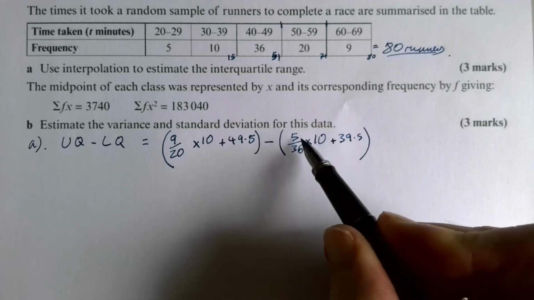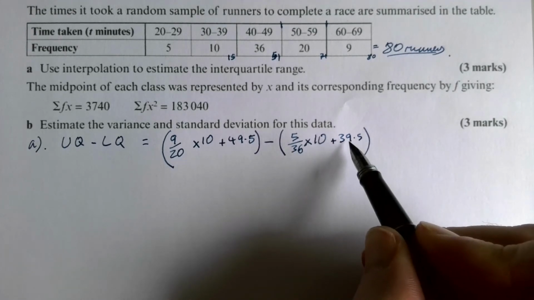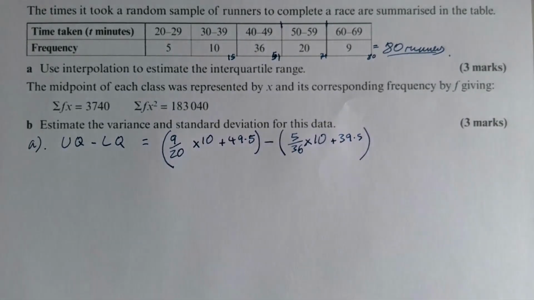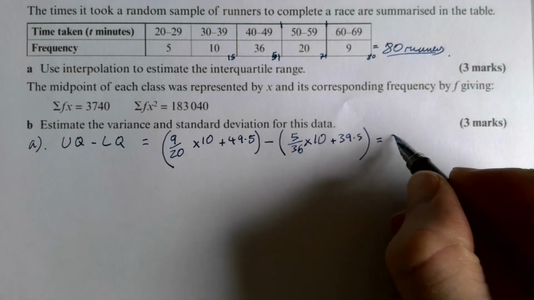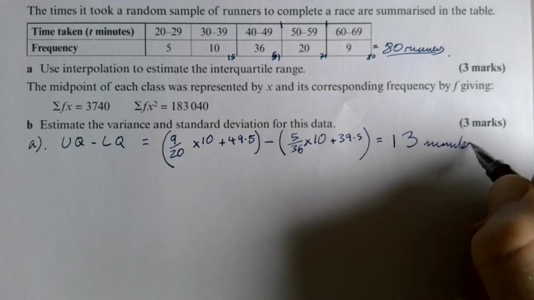So we want 5/36 of 10 more than 39.5. Pop that all into your calculator and we should get exactly 13, and your unit is minutes.